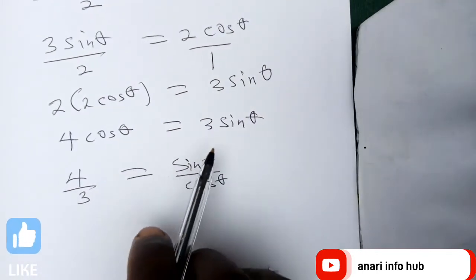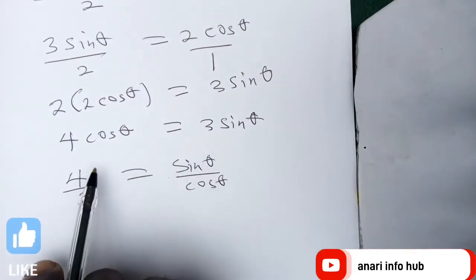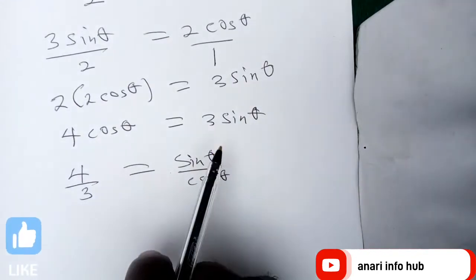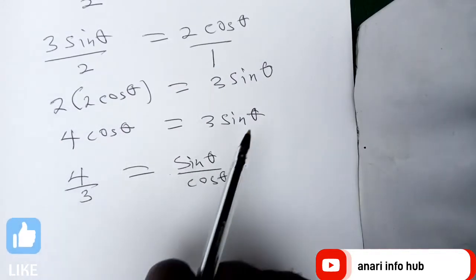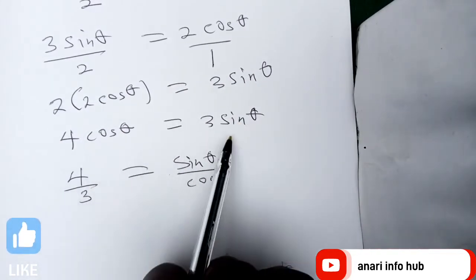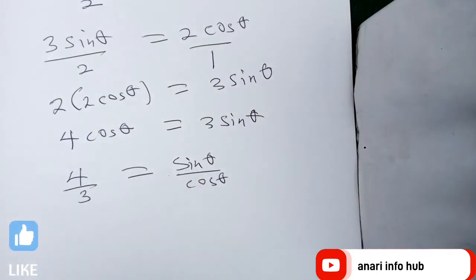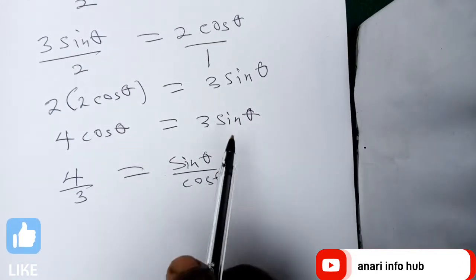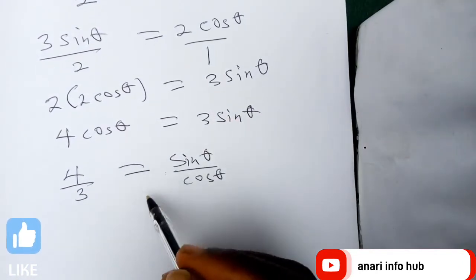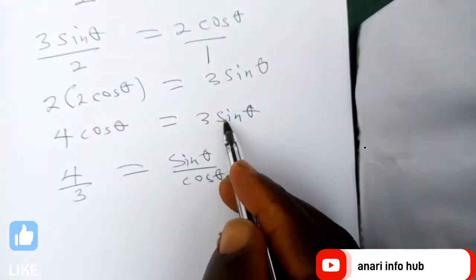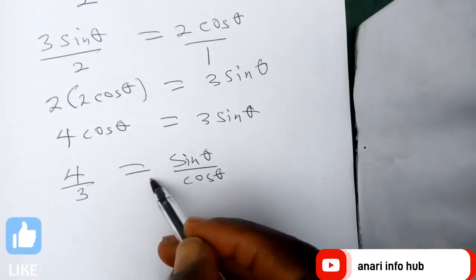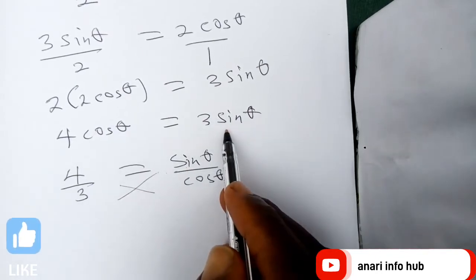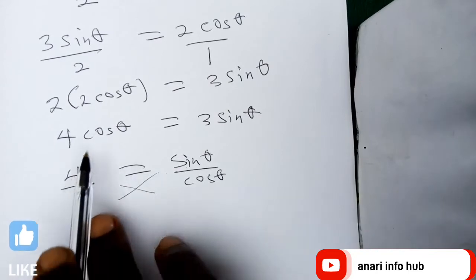This is just a ratio, because I'm trying to get the value of theta, and there's a relation under trig identity between sine and cosine: when sine divides cosine, it gives tan. Also, if I cross multiply this, sine theta times 3 gives this back, and cos theta times 4 gives this back.